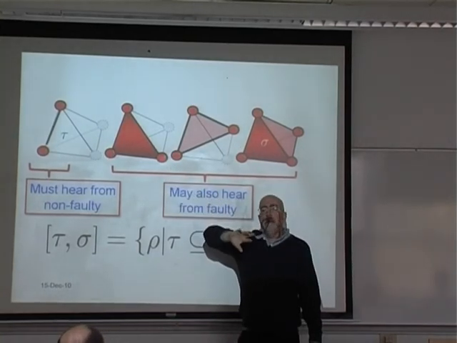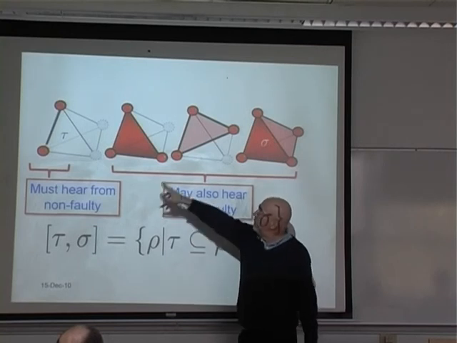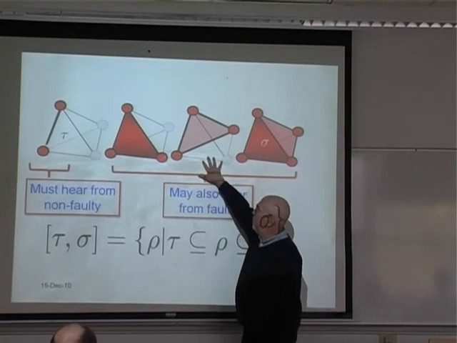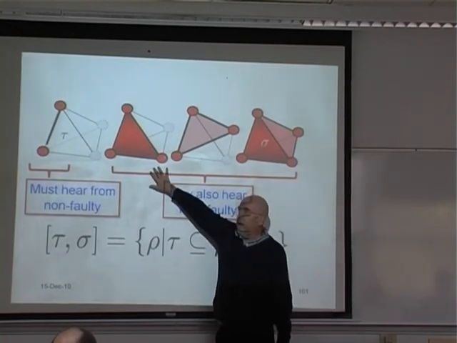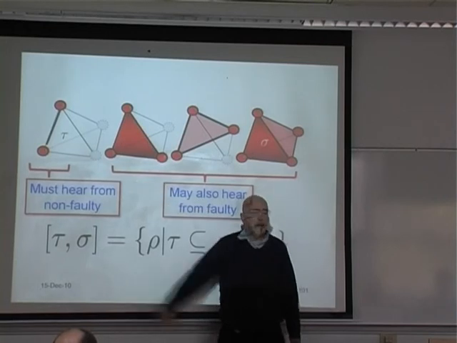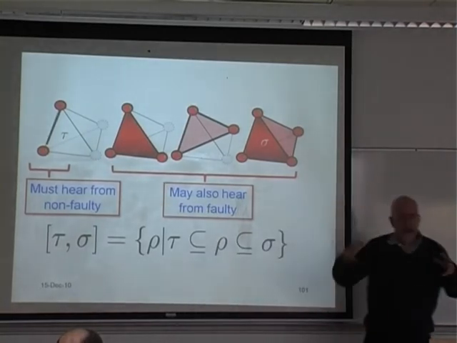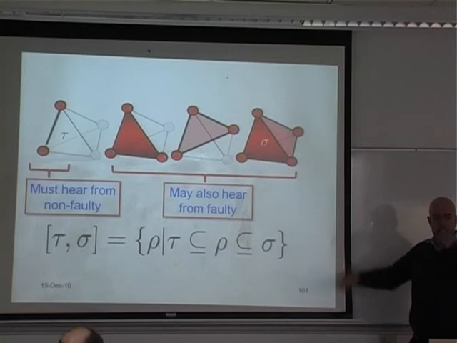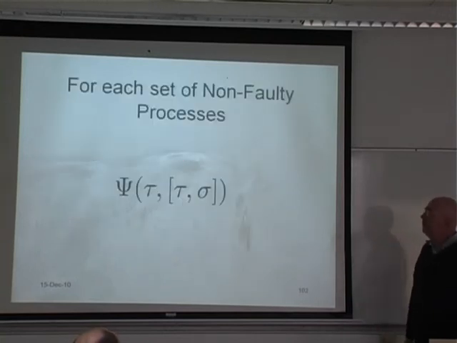The messages that you get are going to be somewhere between tau and sigma. I might get this one, and Yoram might get that one, for example, and Hagit might get that one. But what we're doing is independently choosing a subset that contains the non-faulty set and is contained in the previous round's non-faulty set. Those are the messages that you're allowed to receive. So writing this down in our notation, this is also a pseudosphere.